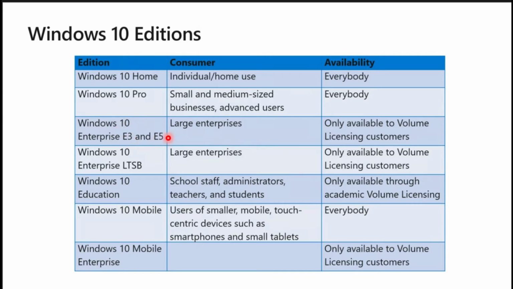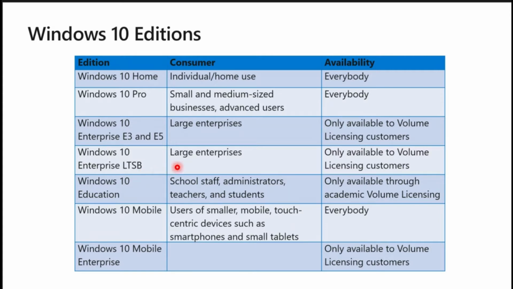This is mostly related with Office 365. Office 365 has a few licenses, and the E3 and E5 license actually covers Windows 10 as well. Another one is Windows 10 Enterprise LTSB.